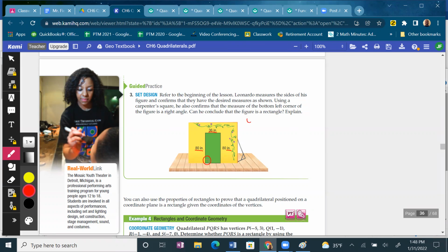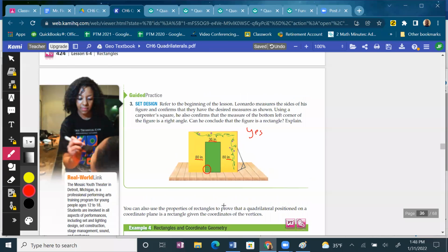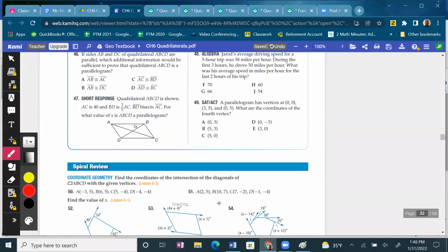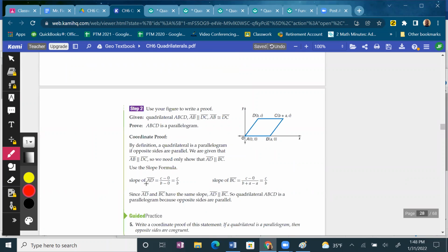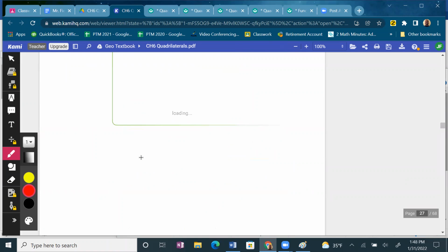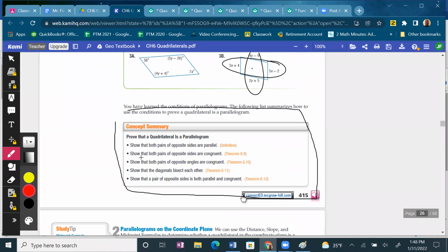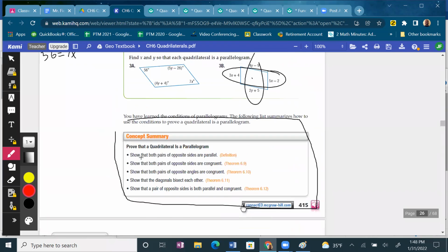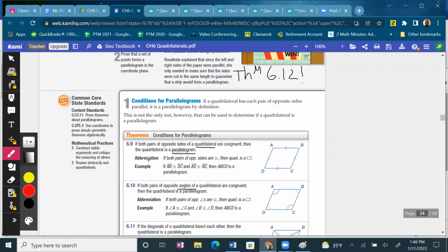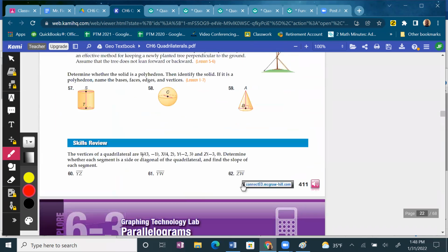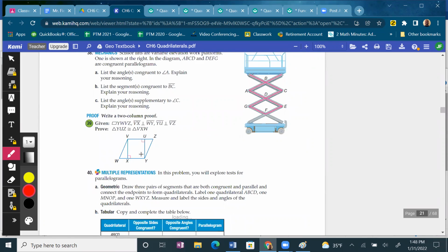Isn't that theorem 6 point something something?